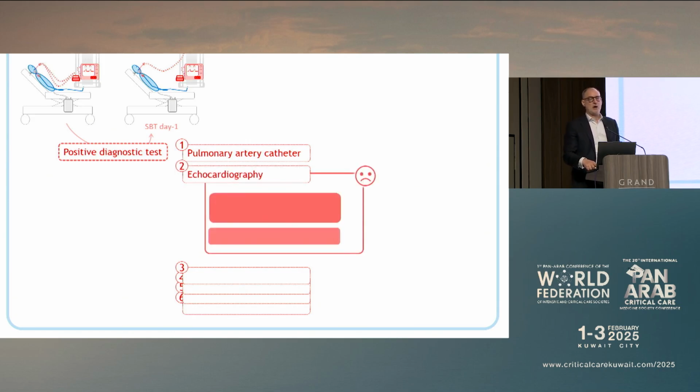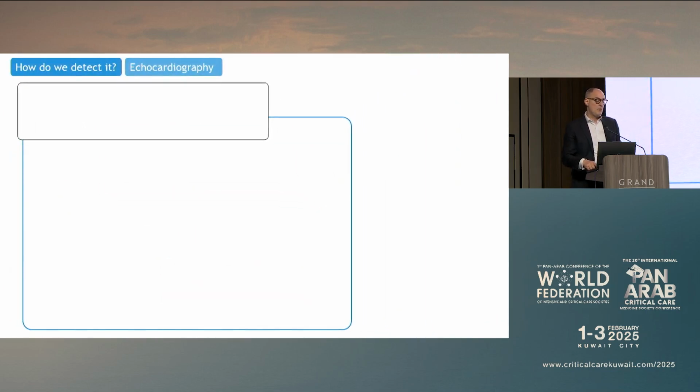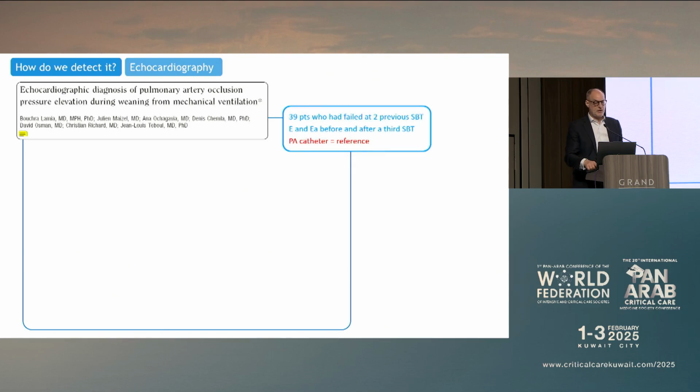Nevertheless, it's likely not the ideal way of diagnosing WIPO. First, because, again, it's difficult to perform echo in a patient sitting in his or her bed with respiratory distress, but even more because, and it may be linked to the previous fact, the diagnostic ability is quite poor. It's been tested, by the way, in not that many studies.